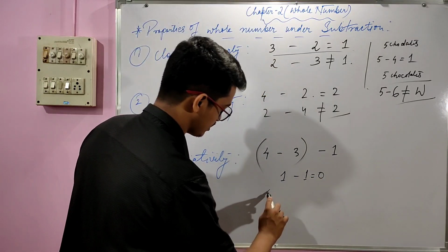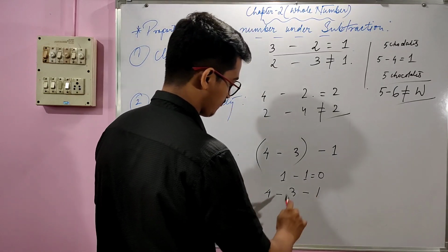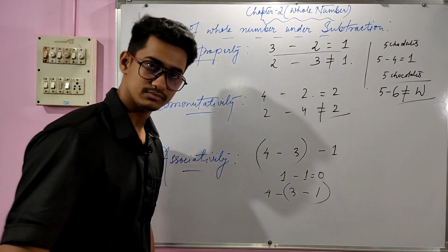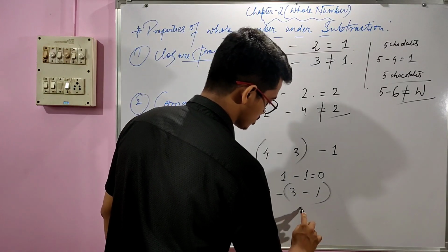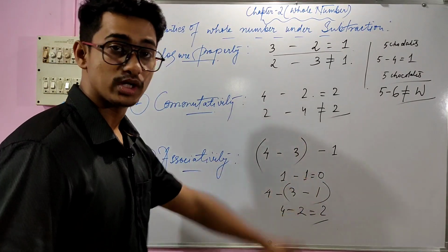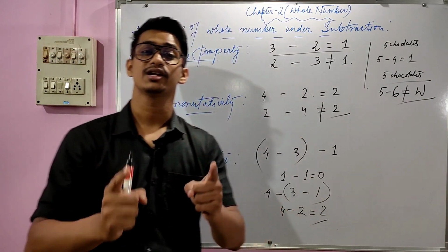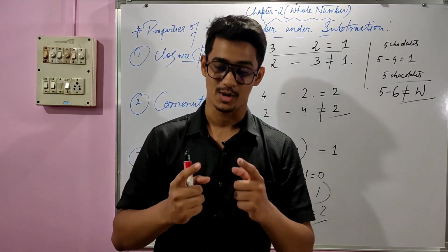In the other case, 4 minus (3 minus 1): first we do this one, so 3 minus 1 is 2 and 4 minus 2 is 2. So the answers are totally different. In case of associativity, subtraction could not hold its property.